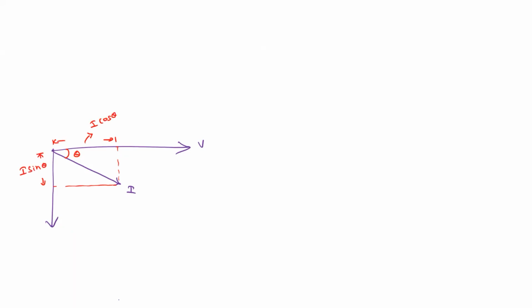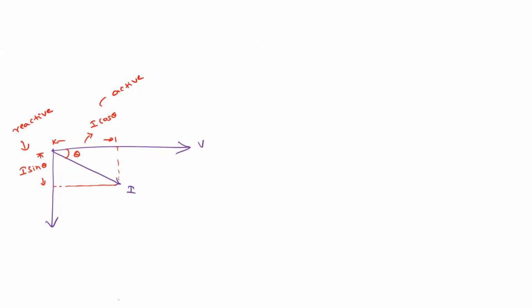So this current can be decomposed into two components. One is the active component, which is aligned to the voltage axis, and the other is the reactive component. But current is a scalar, sir? Who said that current is scalar? It is a phasor.